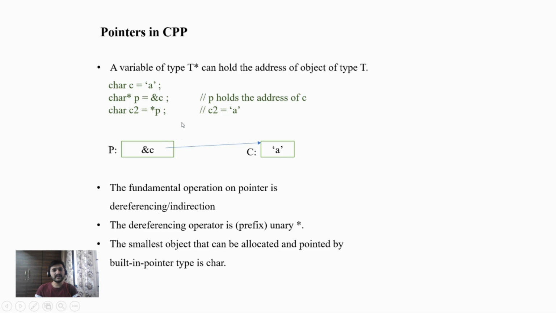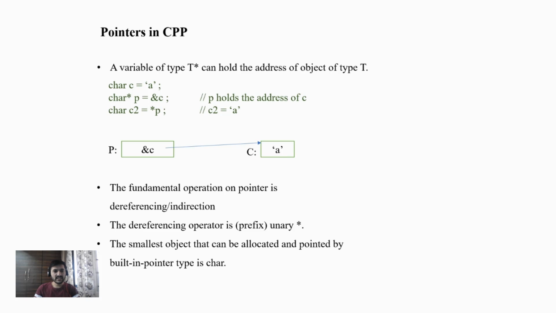Now, since a pointer actually works with addresses and memory locations, it directly associates with how the system allocates memory, like number of bytes. A data type needs some number of bytes in memory. Integer needs 4 bytes, double needs 8 bytes, character needs 1 byte.